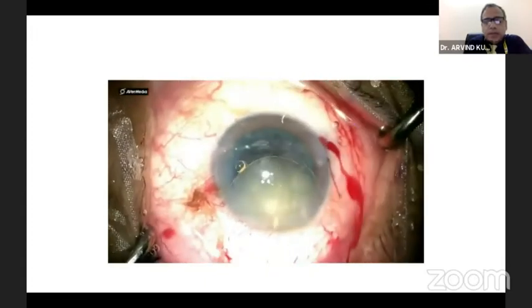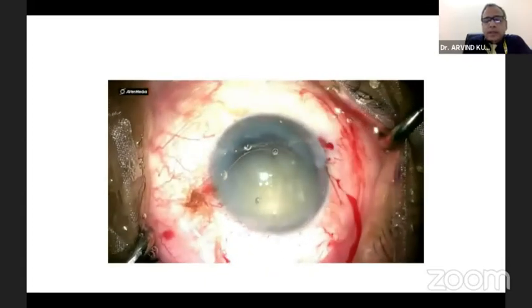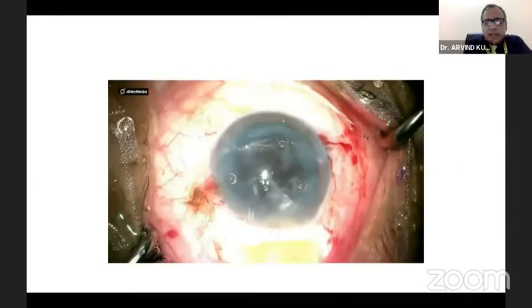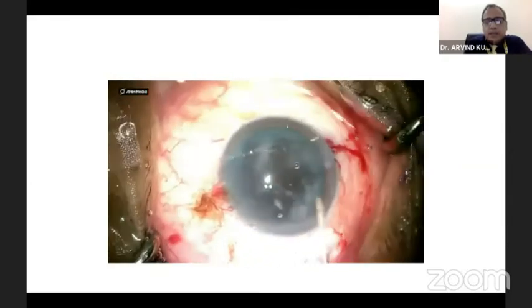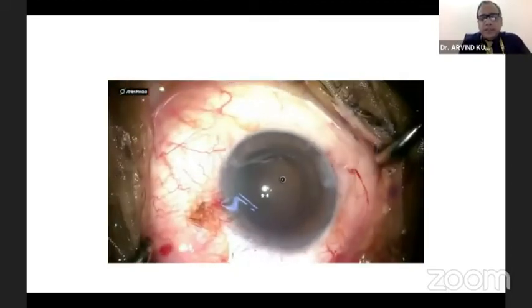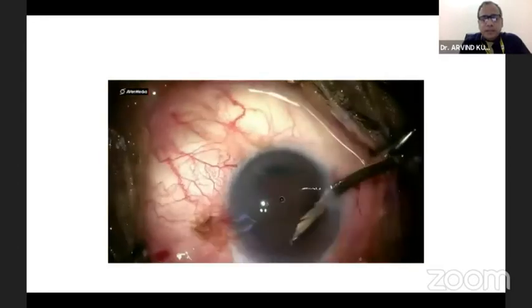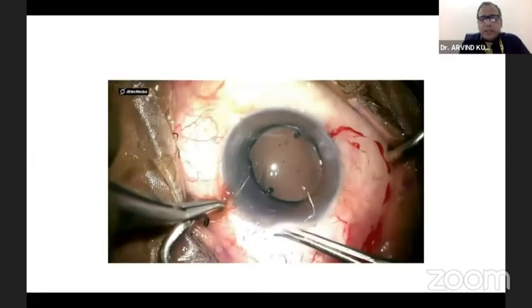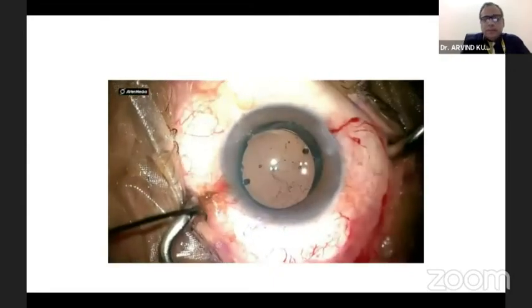It's not coming out. So using the BSS, positive pressure is created in the anterior chamber. Now it comes out quite easily, and then the cortical wash with the help of the Simcoe cannula, then the implantation of the PMMA lens. The surgery is over.